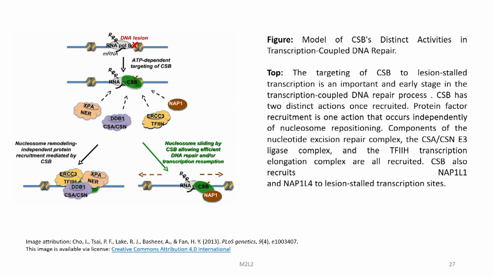Components of the nucleotide excision repair complex, the CSA-CSN E3 ligase complex and the TFIIH transcription elongation complex, are all recruited at this stage. CSB also recruits NAP1L1 and NAP1L4 to lesion stalled transcription sites.